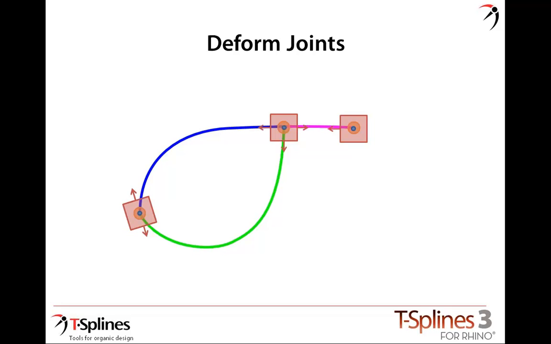It might be due to the user setting radius or twist or various other things. But specifically in this case, we see that the angle that this prototype is expecting the curves to come in is different than what's actually happening. So we deform the joint such that it's coming in normal to those connecting faces there.